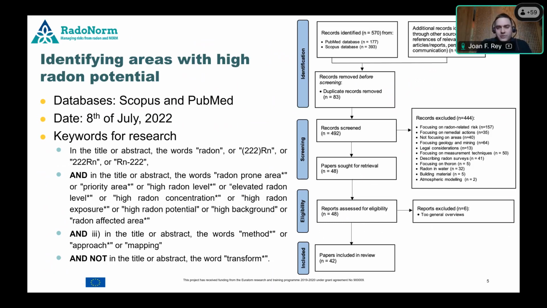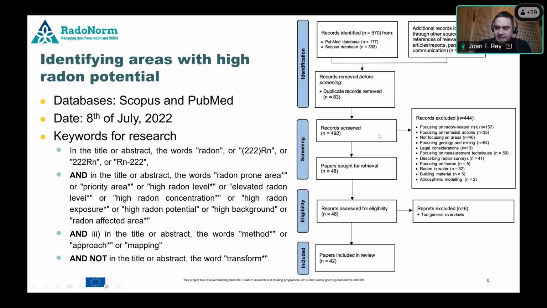During the screening period, we looked at whether they were good enough, focusing on the right topic. Most of the papers were excluded because they were not really focusing on radon-related risk. The second reason was that they were only focusing on geology and mining and so on. Here you can find all the reasons for exclusion.